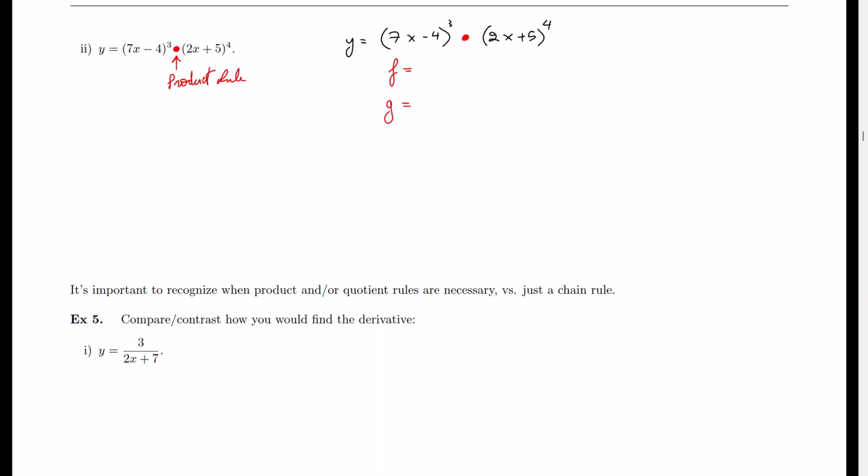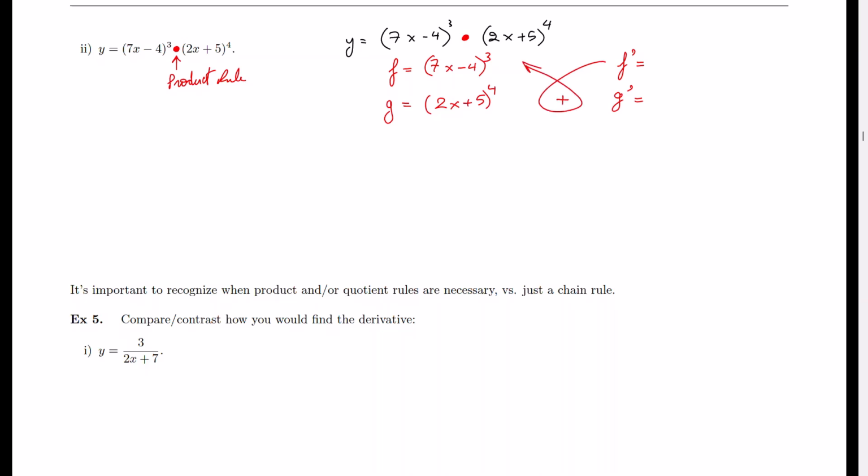So in this problem, the f of x function is (7x minus 4) raised to the power of 3. And the g function is everything that comes after the multiplication, which is (2x plus 5) raised to the power of 4. Now, according to the product rule, I need f prime and g prime. Those are the derivatives of f and g, and I'm supposed to multiply the corners and add along the way.